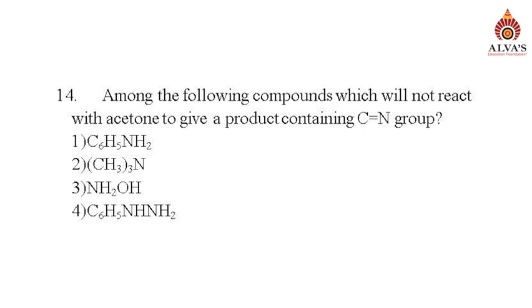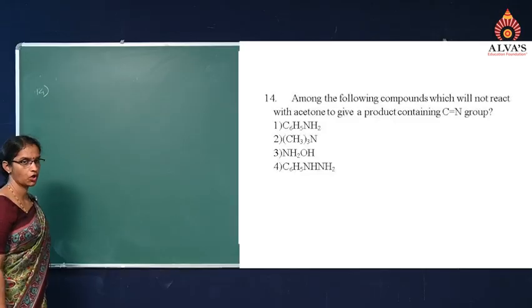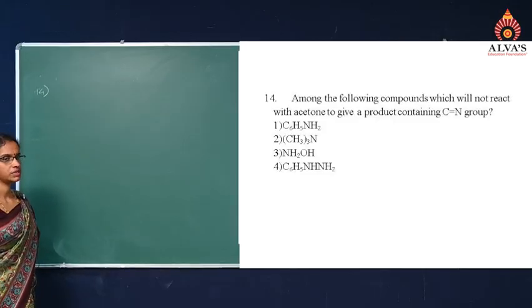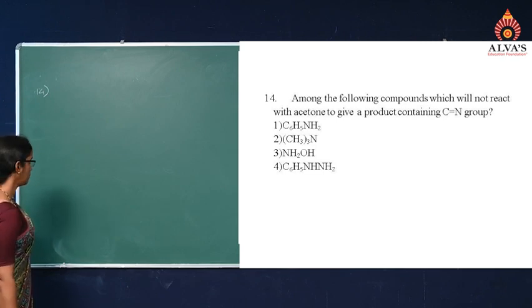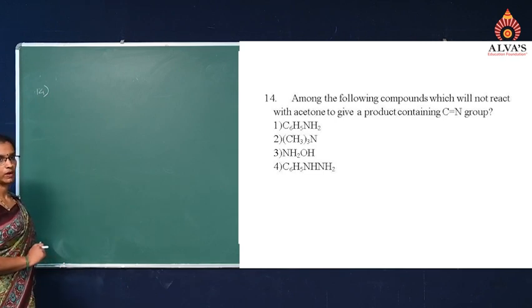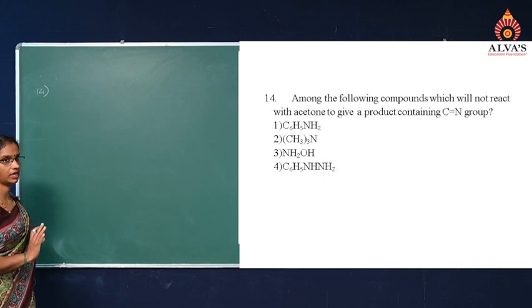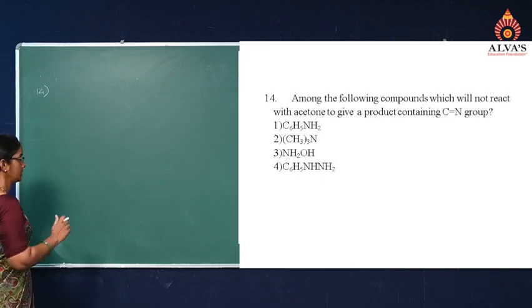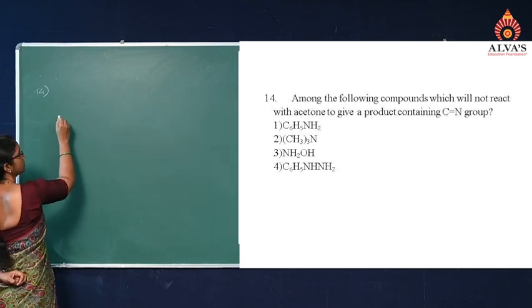Now, aldehydes and ketones react with nitrogen compounds: they first undergo nucleophilic addition and then elimination. Hence, it requires that the attacking compound must have hydrogen on the nitrogen atom of the amino compound.